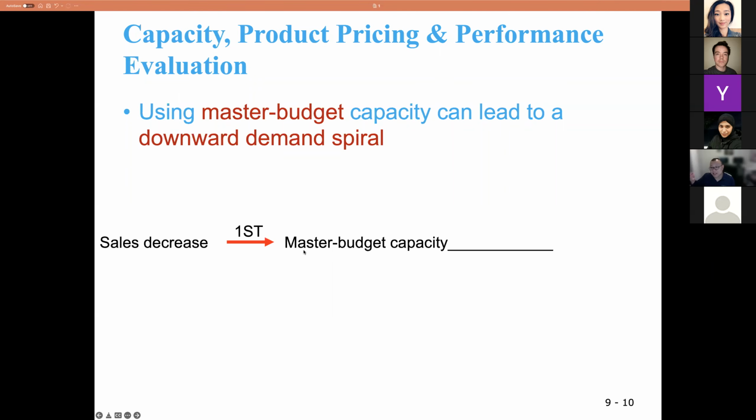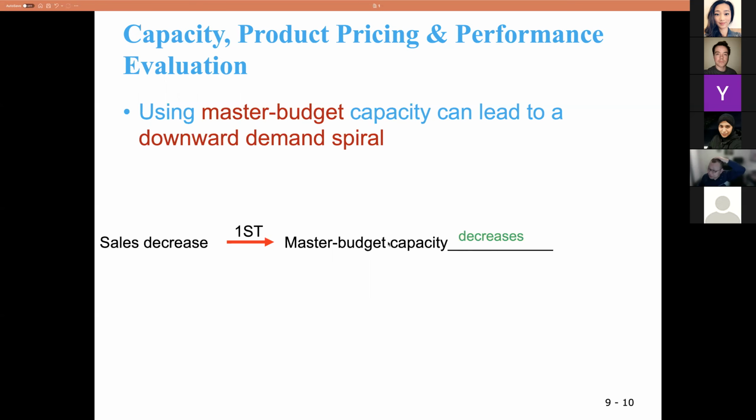The master budget capacity is for the short term, reflecting the customer demand. Should it increase or decrease? It also decreases, very good. Why? Sales decreased, which means the customer demand decreased, so the short-term master budget capacity decreased.